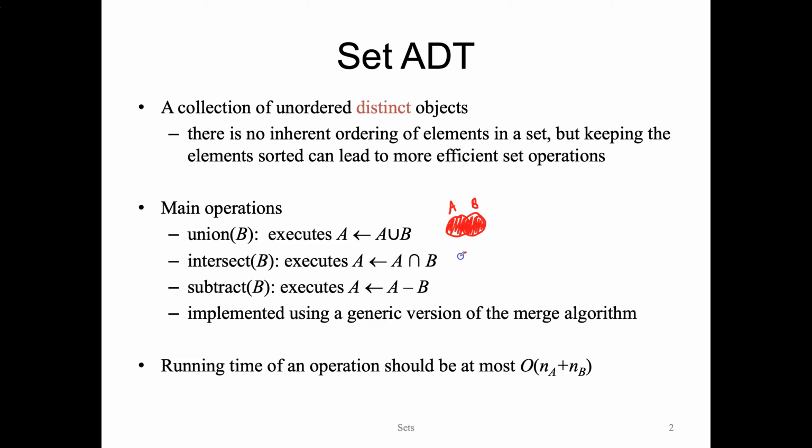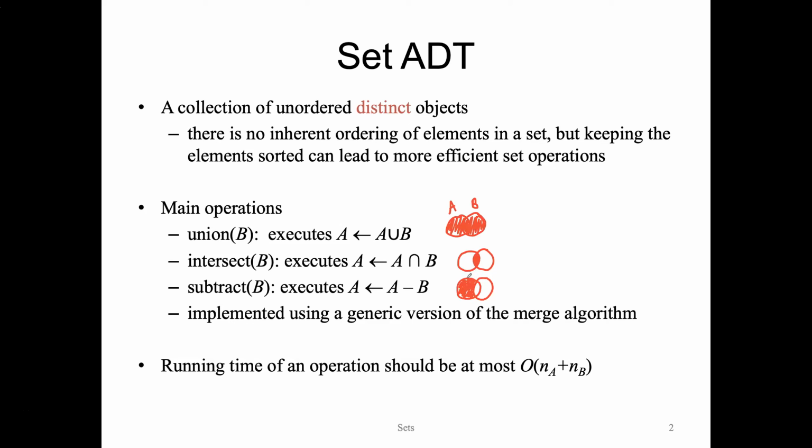The intersection of two sets, again, keeping that the left one is A and the right one is B, is just only those elements that are in both set A and in set B. And with set subtraction, if the set on the left is A and the one on the right is B, A minus B would be anything which is in A, but not including anything which is in B. So it'd be just this portion of our set.